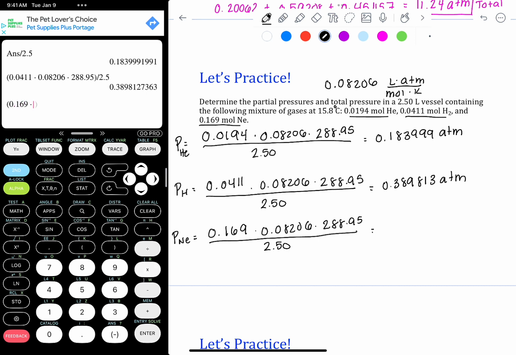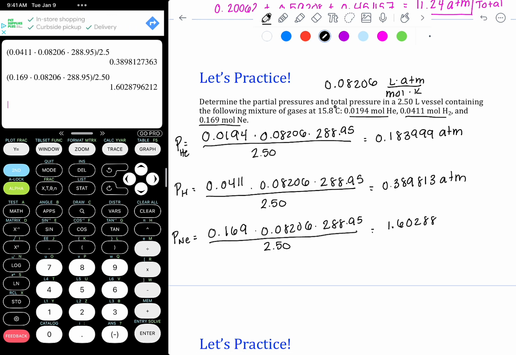0.169 times R times the temperature divided by the volume. So we get 1.60288. Okay, so let's see, we would have 3 sig figs for these, so 0.184 for our individual partial pressure, 0.390, and 1.60.